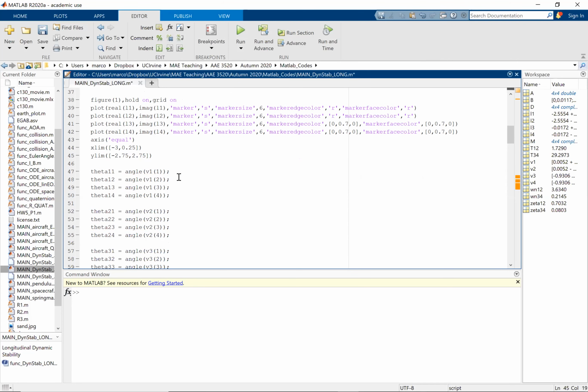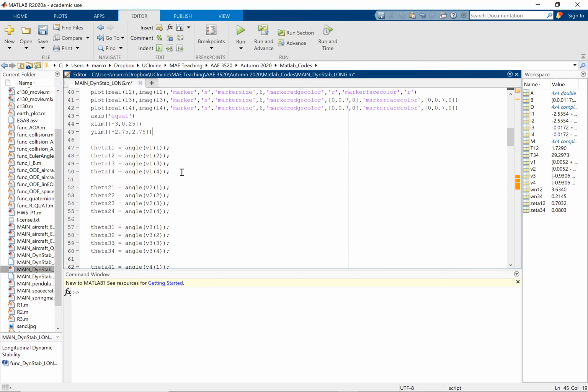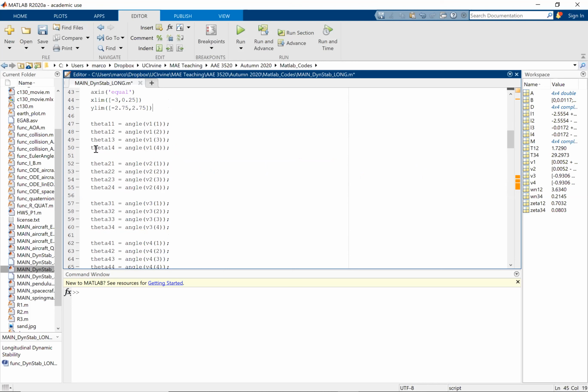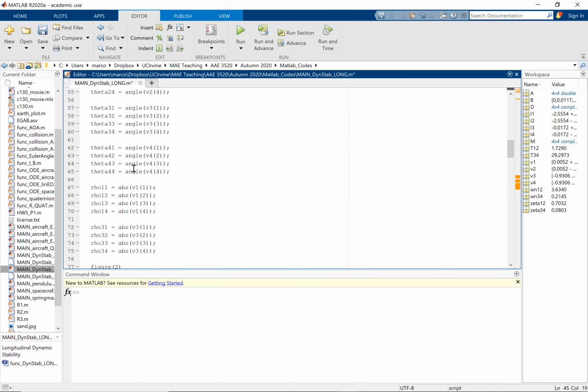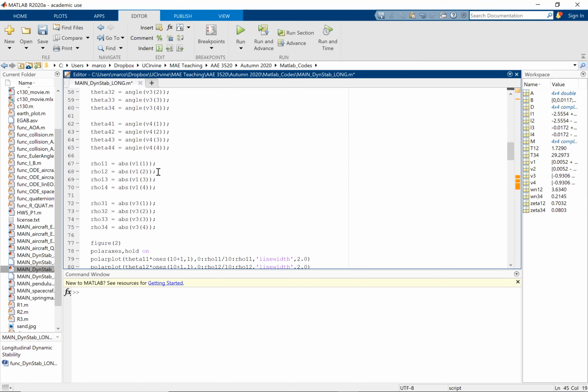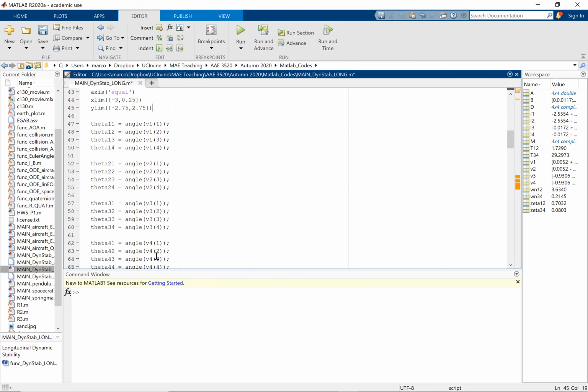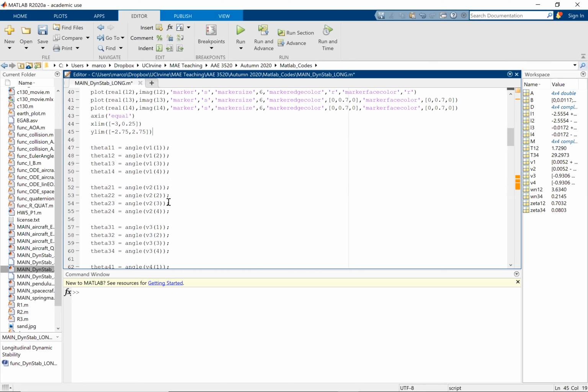All right, so now what I'm doing here, I'm computing the phase, this theta 1,1, theta 1,2, and the magnitude, so I have the phase and the magnitude for all the components of the eigenvector elements.